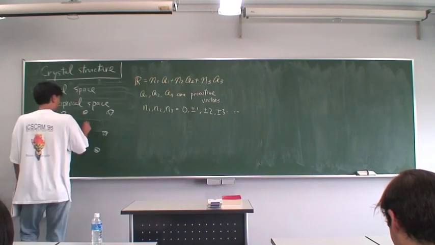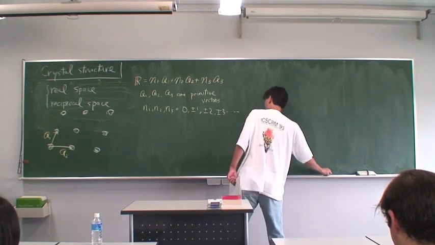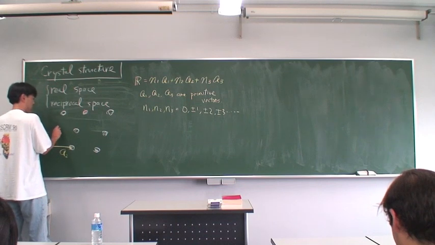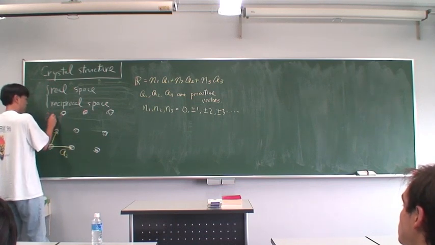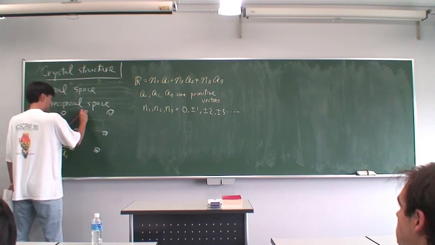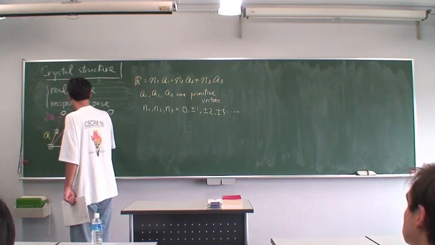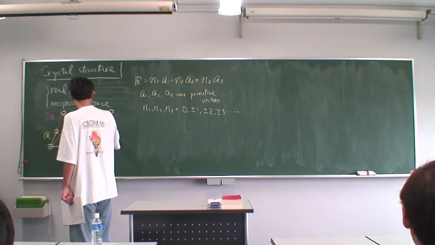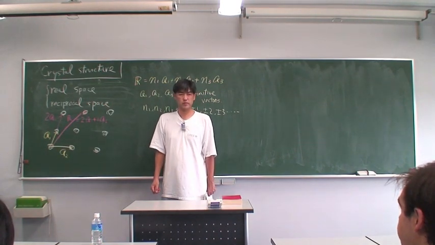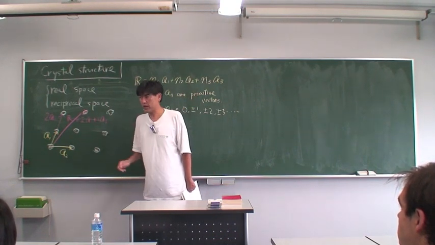So if I want to describe this particular point, this r vector here is 2a1 plus 1a2, right?